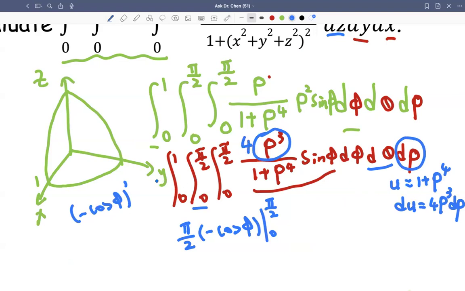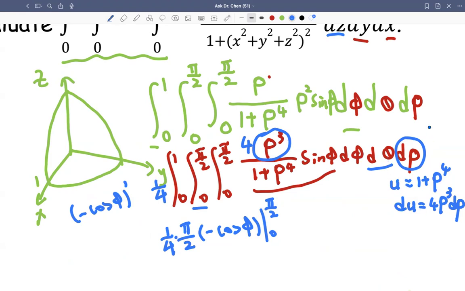Then we multiply a quarter outside. Then we integrate this rho cubed divided by 1 plus rho to the fourth power, which just becomes 1 over u. So this 4 rho cubed d rho is du.